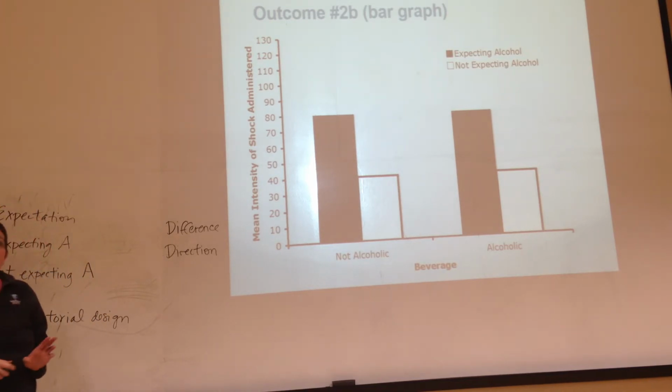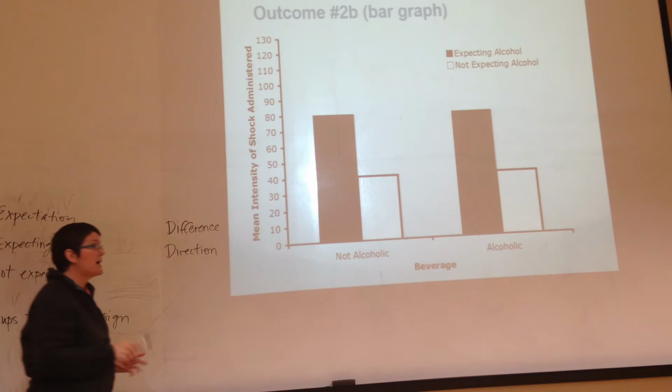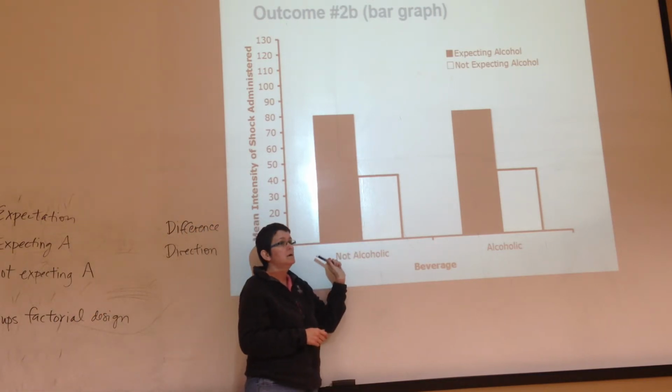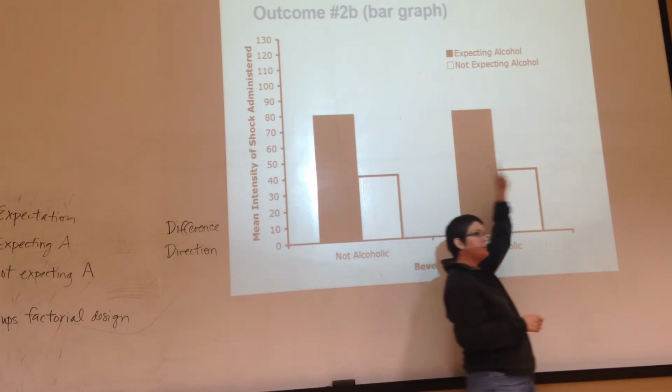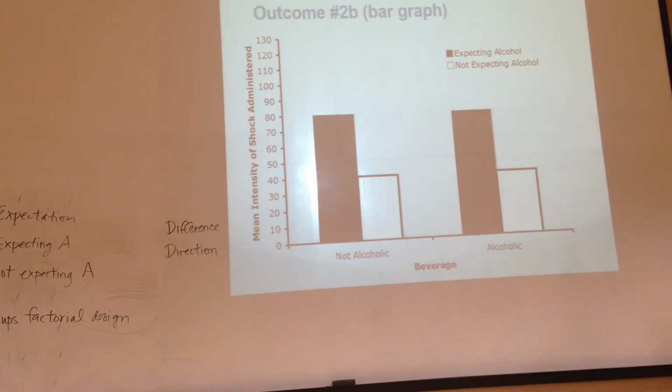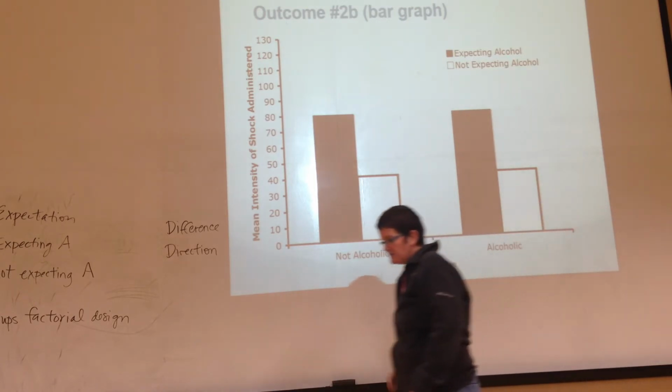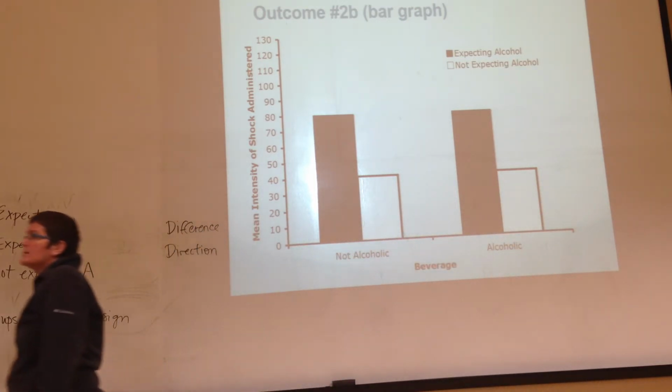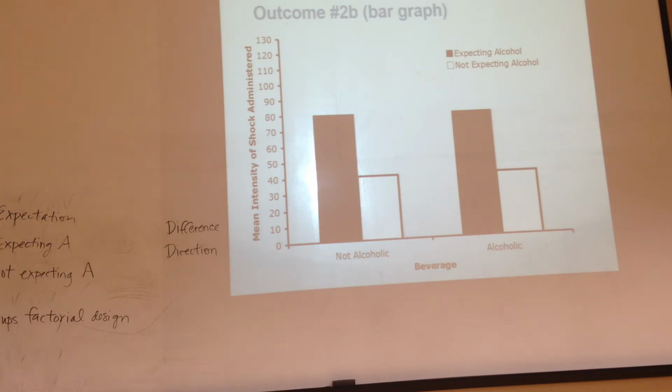Main effect of beverage. Okay, this gray blob here compared to this gray blob here. Do you think those two gray blobs are the same or different? Same. No main effect of beverage because the gray blobs are the same. For the legend variable, we're comparing black blobs versus white blobs.